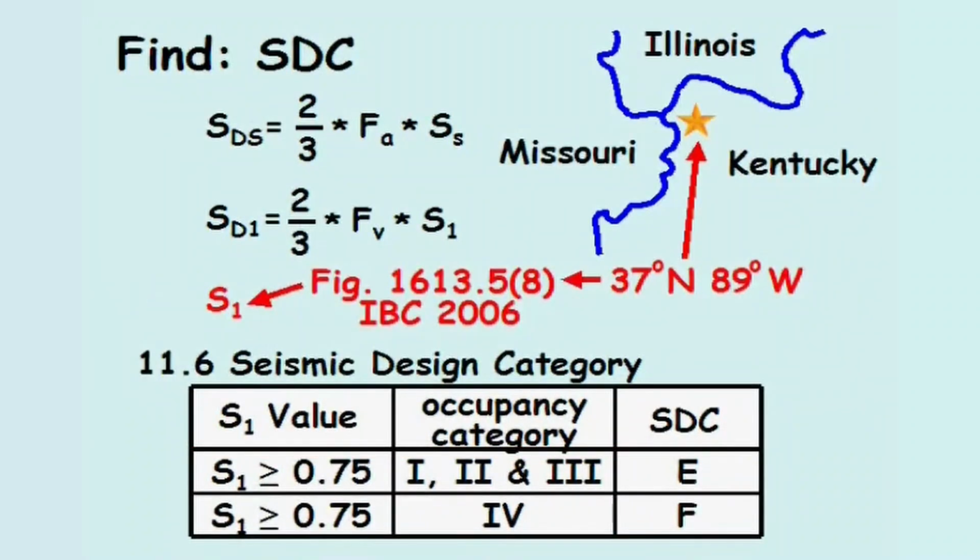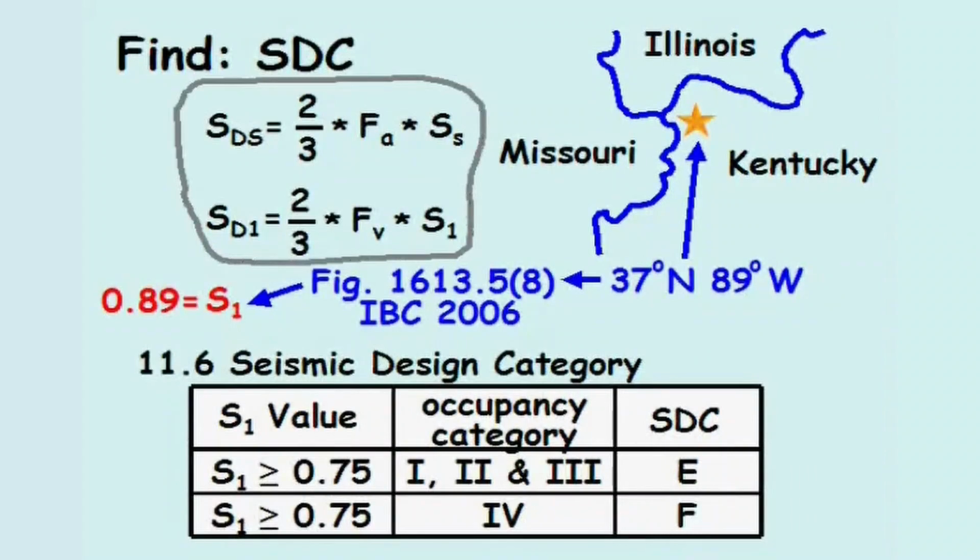When looking up the location of the hospital in Figure 1613.5, number 8, we learn S1 equals 0.89. Therefore, we don't need to evaluate the short period or the 1-second design spectral acceleration parameters, SD1 or SDS.